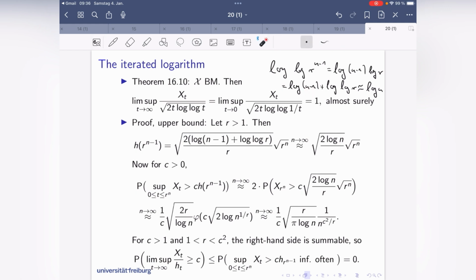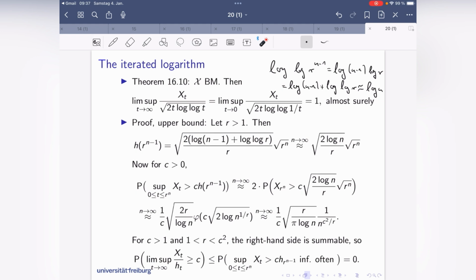The minus 1 also doesn't play a role, so I can use this thing here. And I did that, so the square root of log of r to the power n minus 1 goes to the log n here, as we have here. I also have a square root of r to the n minus 1, and that's square root of r to the n divided by square root of r, like this.